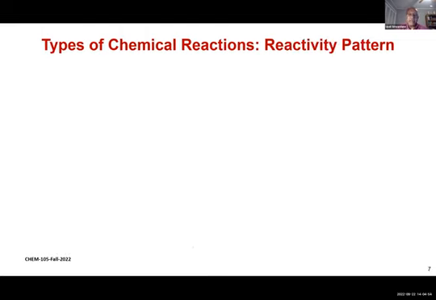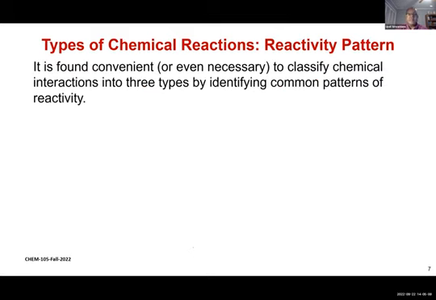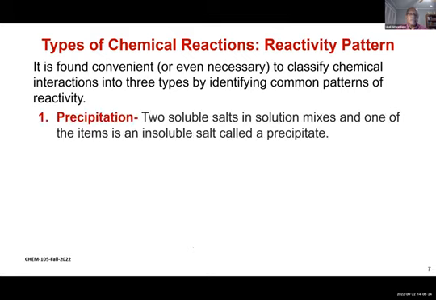Now, chemical reactions also follow certain reactivity of compound patterns. Compounds have certain properties, so they have a common reactivity pattern. Acid reacts with bases. Ionic compounds form precipitate. Redox reaction, where electrons are transferred, is a common pattern. Precipitation is when soluble salts are mixed.